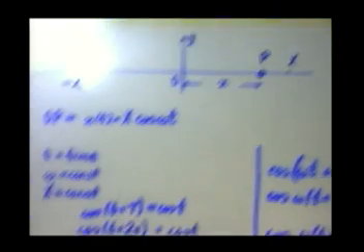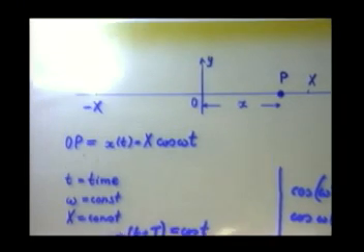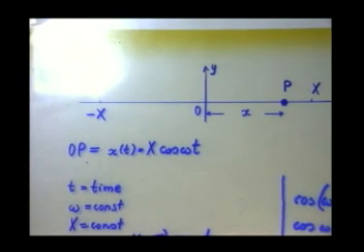Now we are talking about periodic motion, is it right? In vibrations, we are interested in periodicity, something that varies in time periodically. So the simplest thing is the distance OP, which equals x of t, equals capital X times cosine omega t. What does it mean?